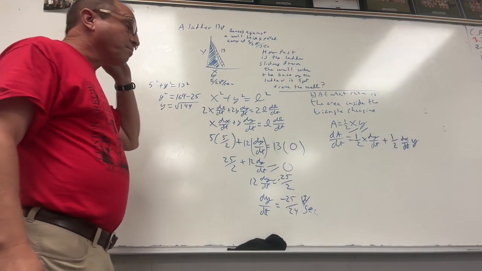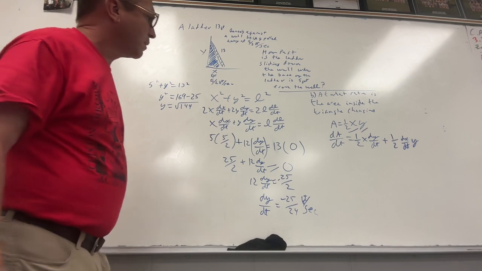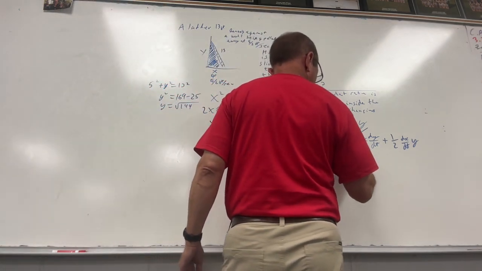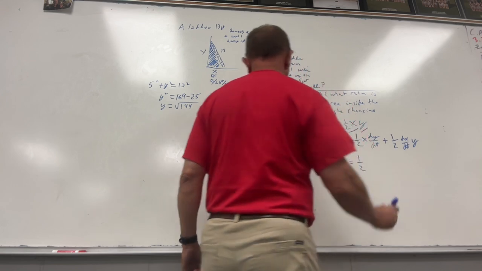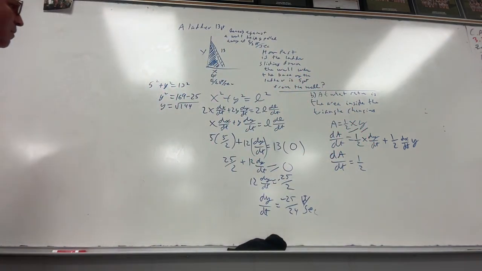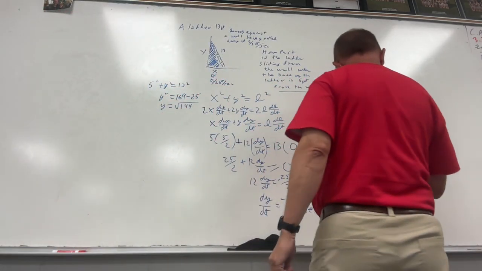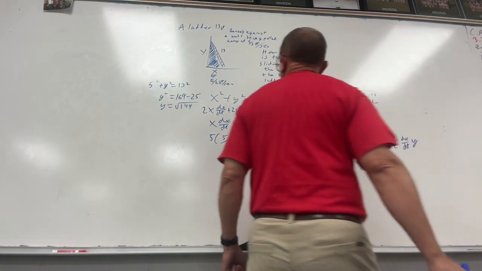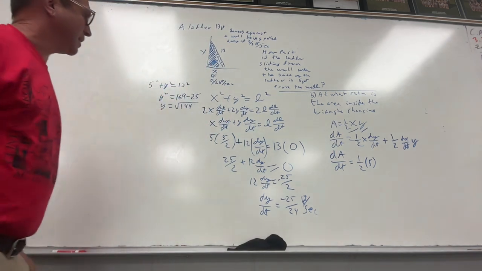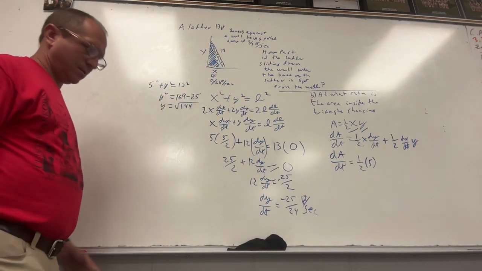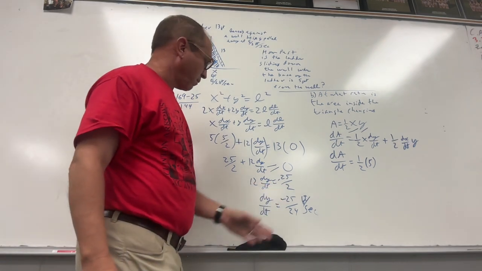All right, so let's start plugging in what we know. dA dt is what we're looking for, correct? Okay. Now we get 1/2. All right, what is x here? 5. And what is dy dt? Yeah, that's what we solved for in the first part, right?